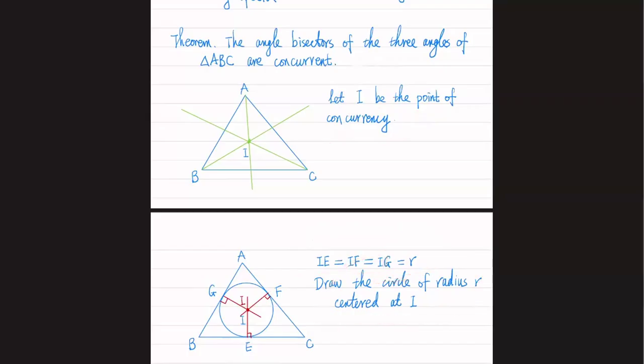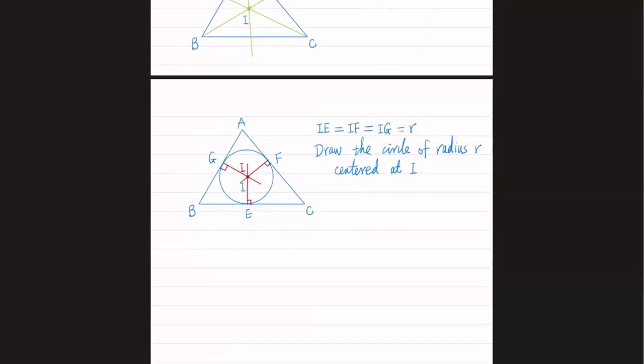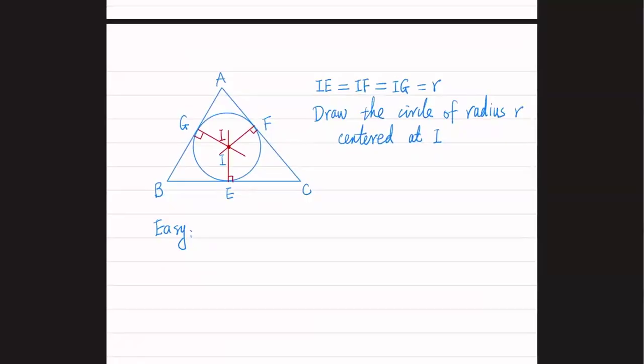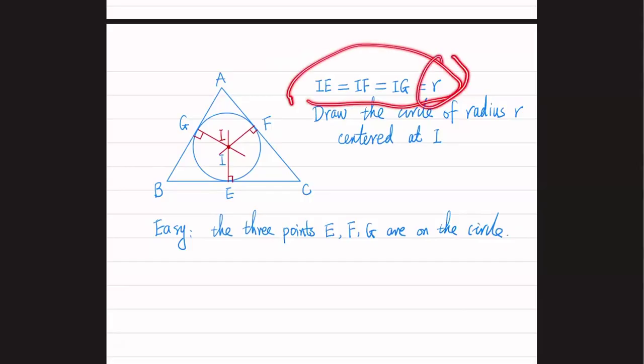It's easy to see the three points E, F, G are on the circle. Easy part, the three points. Okay, it's because the distance equals the radius.